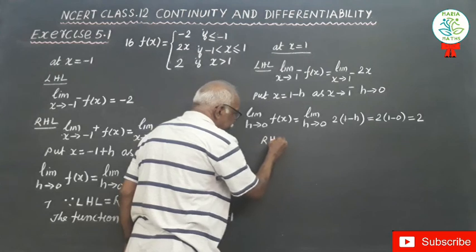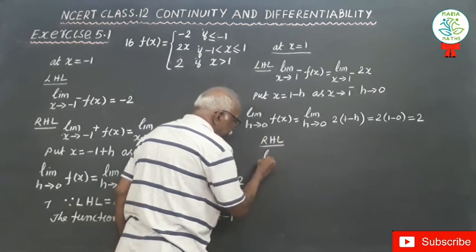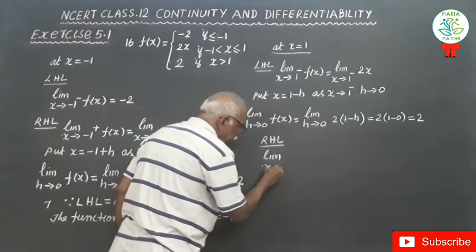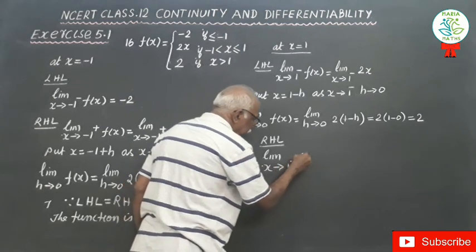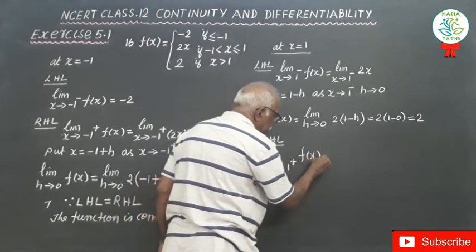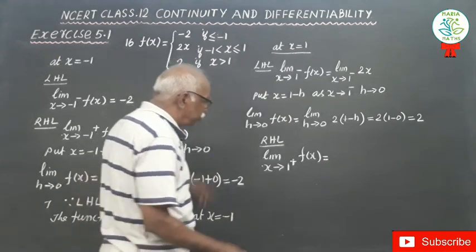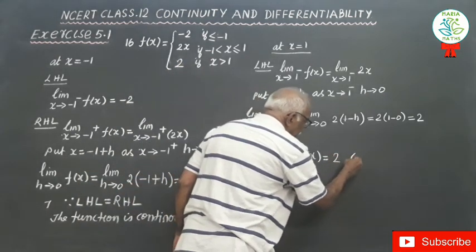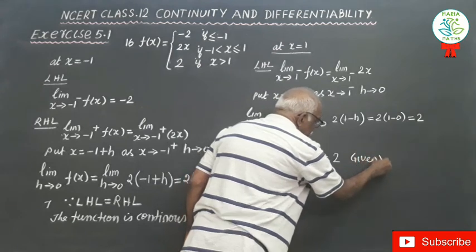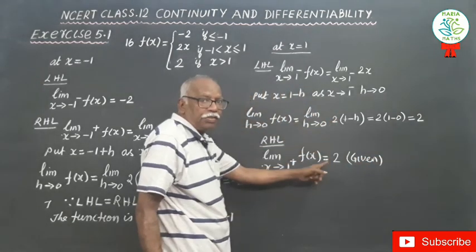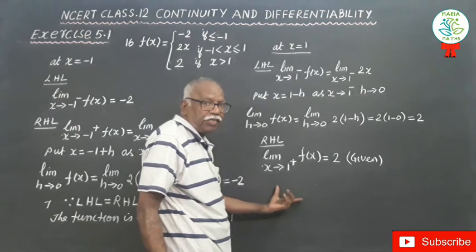RHL: limit x tends to 1 plus f of x. Here there is no variable, only 2 is there. Greater than 1 it is 2, given. Left limit is also 2, right limit is also 2. Therefore, the function is continuous at x is equal to 1.